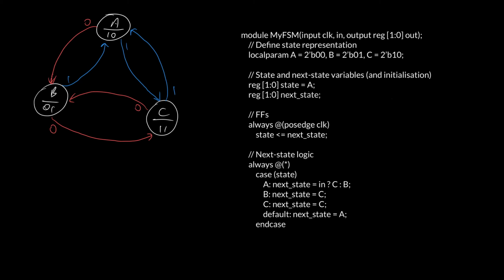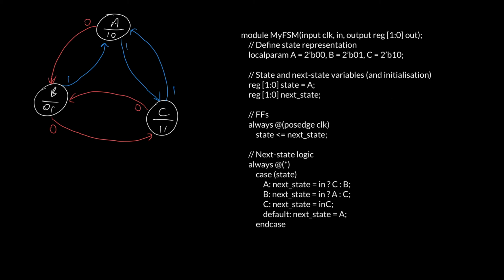I follow the red path and I go to B. So the first line's now correct. Second line, I'm in state B, if the input is a 1, because remember 0 is false, true is 1. So if I'm in state B and the input is a 1, I go to state A. Otherwise, if I'm in state B and the input is a 0, I follow the red thing to C.